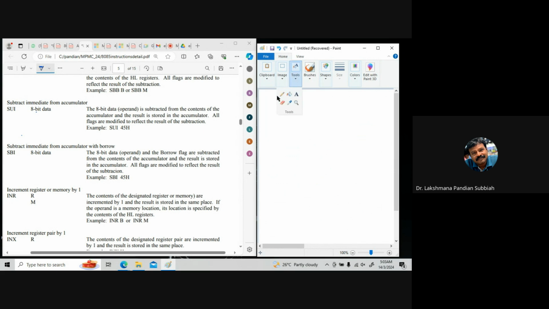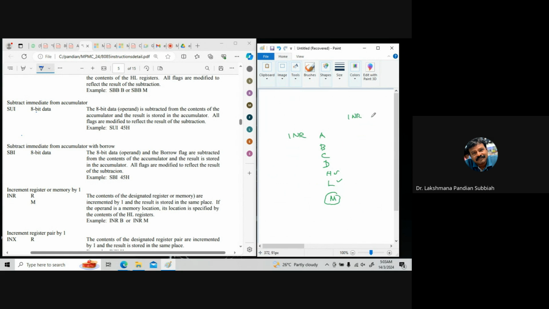Next instruction, INR, works with all registers. So we can have A register increment, B register, C, D, H, L, and also we can have memory.